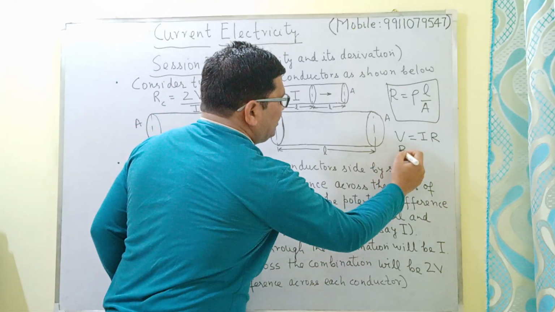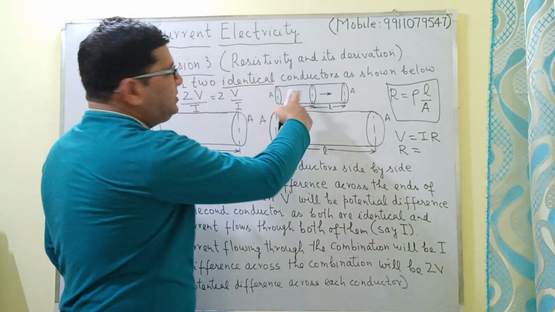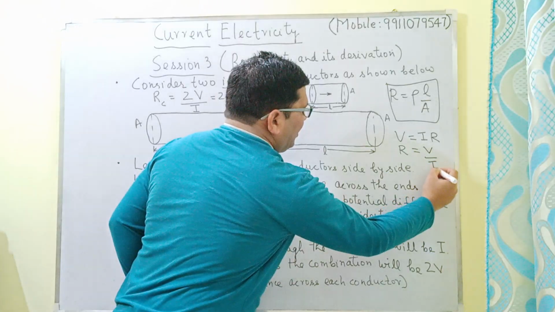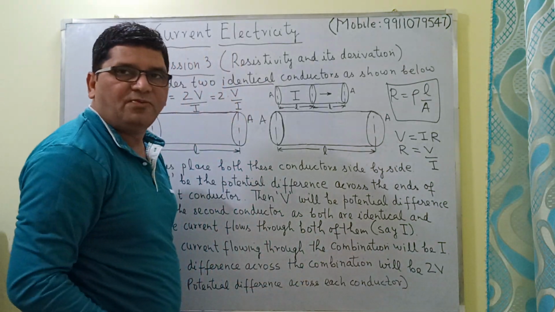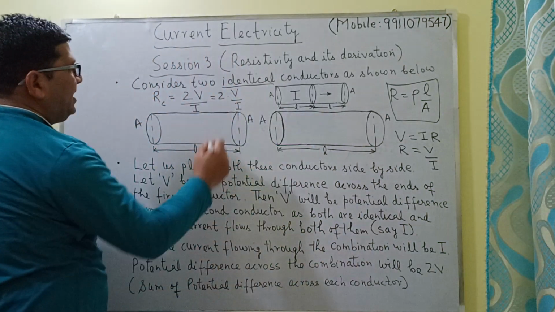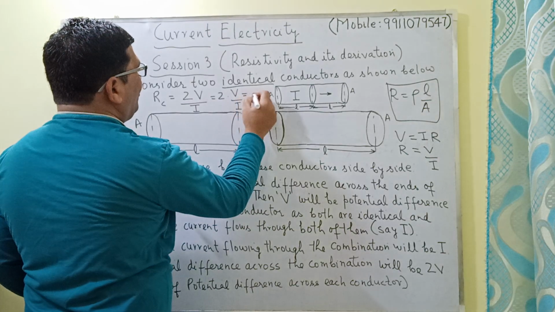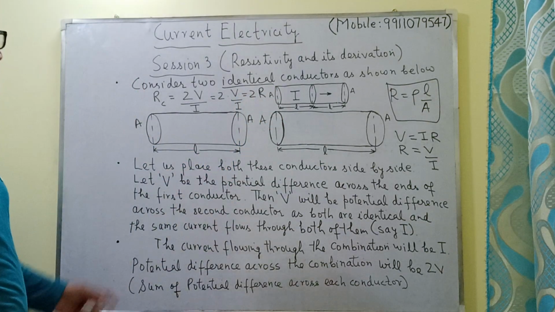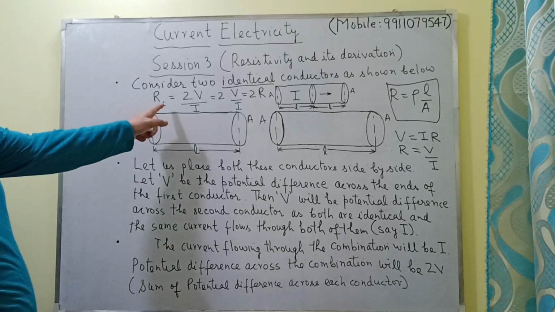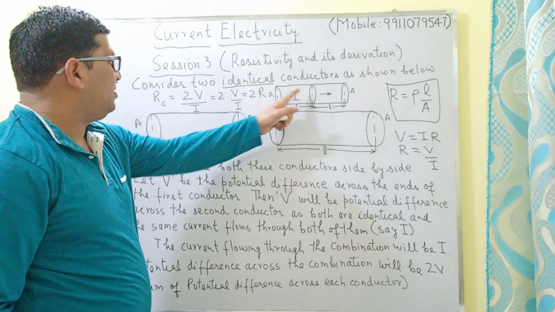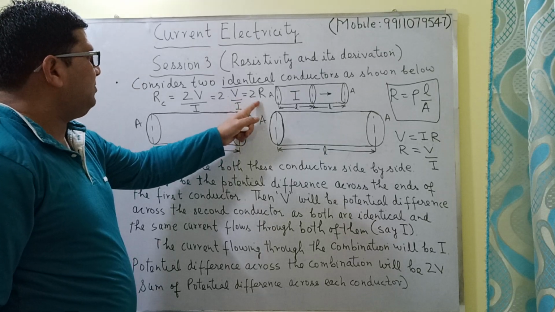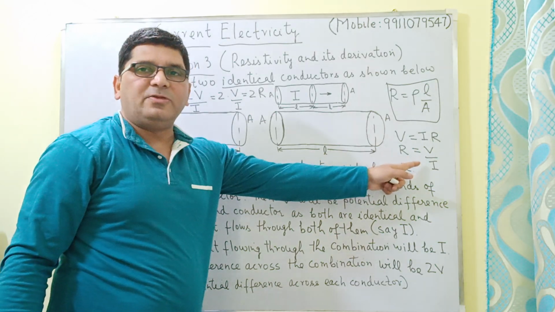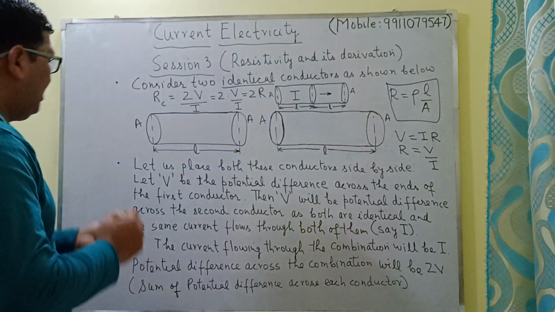So R, the resistance of each conductor, will be equal to V upon I. I can then substitute the value of V upon I as R, so I will get 2R. So the resistance of this combination will be 2 times the resistance of the individual conductor.